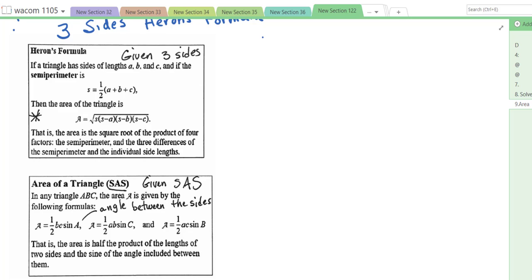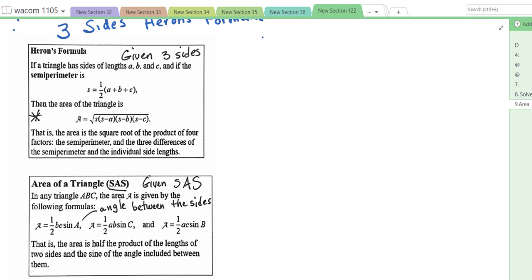All right. Next, we're going to look at our last topic, which was finding the area of a triangle. And it would depend on what you're given, whether you are given side angle side or whether you're given 3 sides. If you're given 3 sides, you will use Heron's formula.